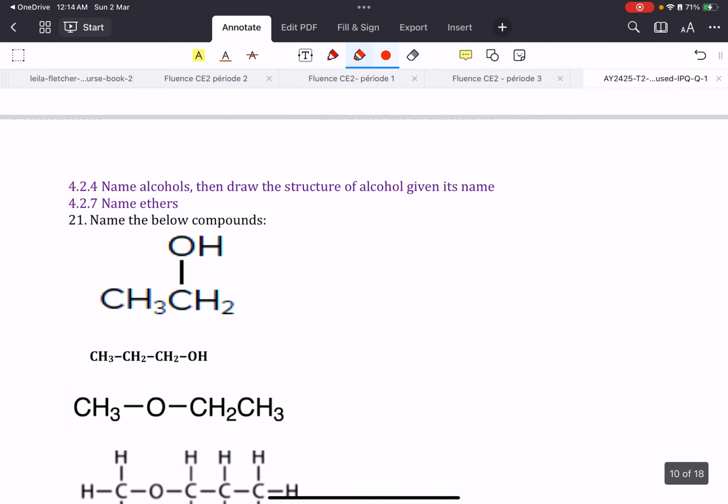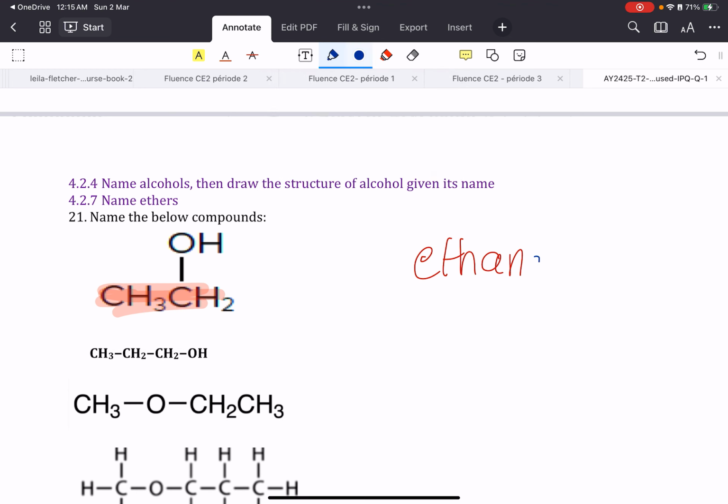Moving on with the questions. Name the below compound. I have here a main chain of 2 carbons, so that's an ethane. Since this is an alcohol, it's going to be ethanol. There's no need to say 1-ethanol because I only have 2 carbons; I'm going to place the hydroxyl on one of them.